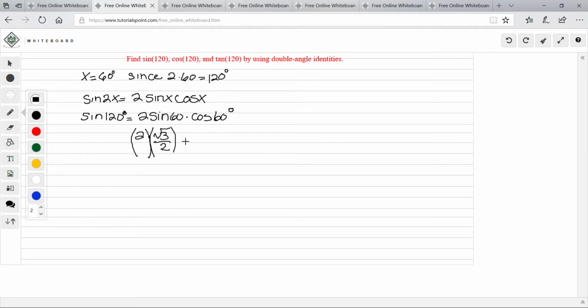And then cosine of 60 is 1/2, positive 1/2. And when you do the multiplication, 2 times root 3 times 1 is 2 root 3 over 4, and that simplifies to root 3 over 2. That's your final answer. This is just for sine.